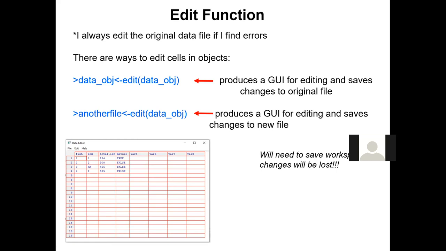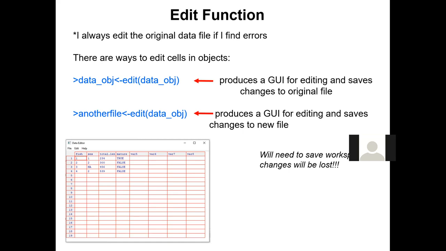If you don't want to replace the original data object, you can also assign it to another object. So that's not a problem. However, the problem with changing it during your analysis this way is that if you do not save what's called the workspace, which is all the different information that's in memory, and you can do that within RStudio, then the changes would be lost.